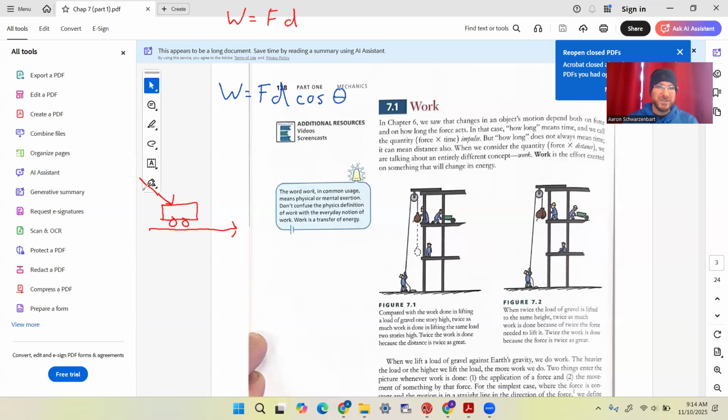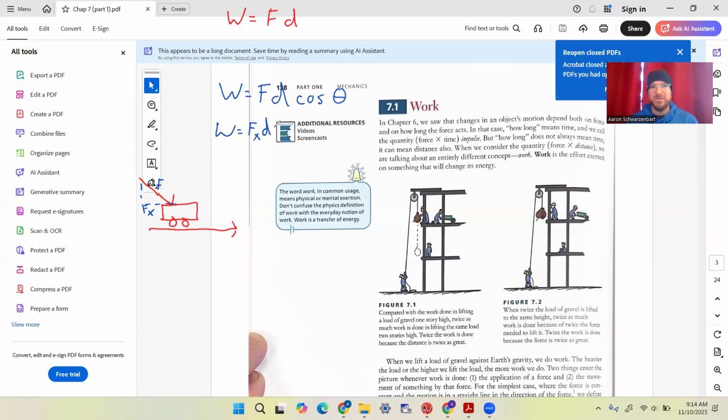And what that is doing is effectively saying this component here, x, of the force would be equal to F cosine theta. So it's saying the force in the direction of the motion. So you could also think of this as Fx d.